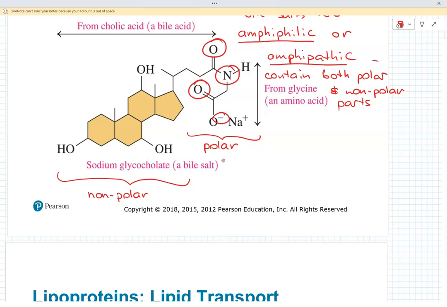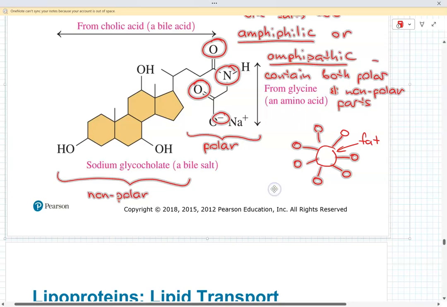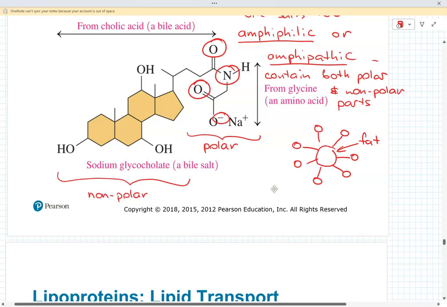So if you represent your bile salt like this, where the circle means the polar head and the stick means the nonpolar tail, it will be able to solubilize fat in your intestines, any fat, steroids, fatty acids, doesn't matter, and help with uptake into the blood. Am I making sense?